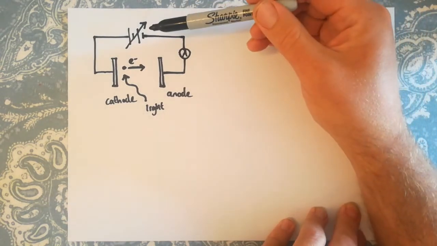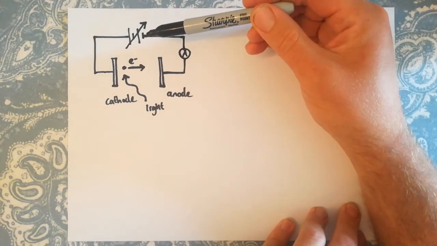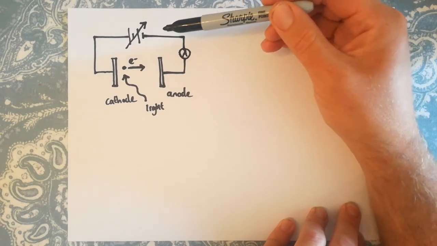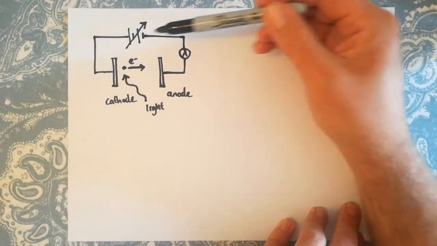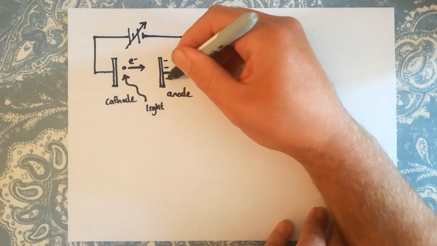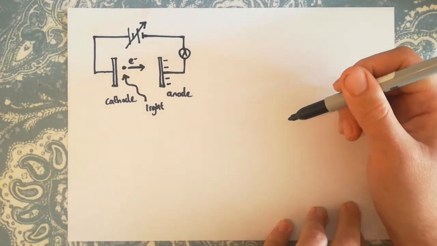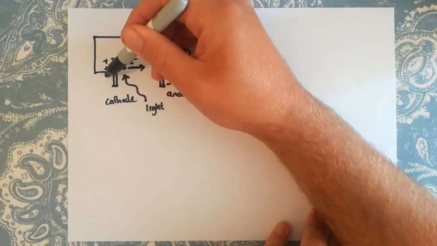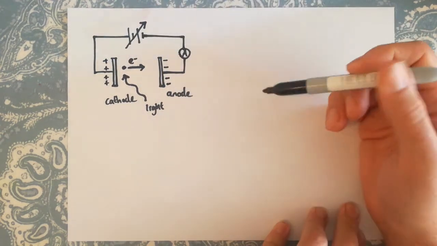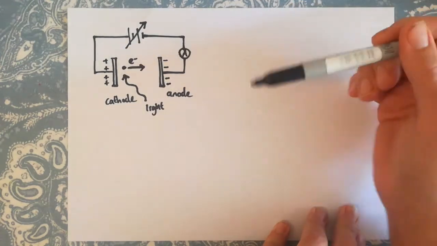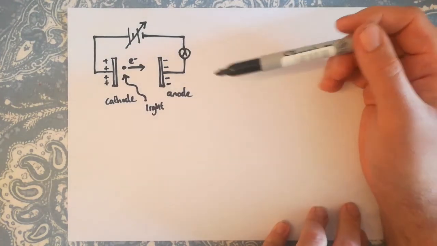So you'll notice that I've connected the DC voltage here so that the anode is connected to the negative. So just to emphasize that, let's put some negative signs on there. Equally, we could put the cathode on there. So the anode is at a negative potential compared to the cathode.